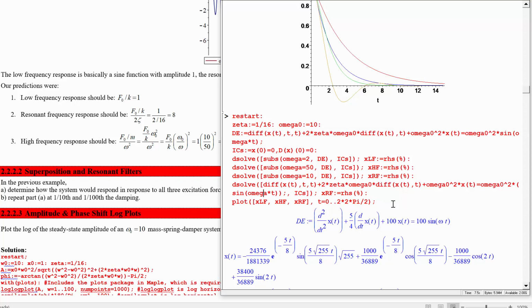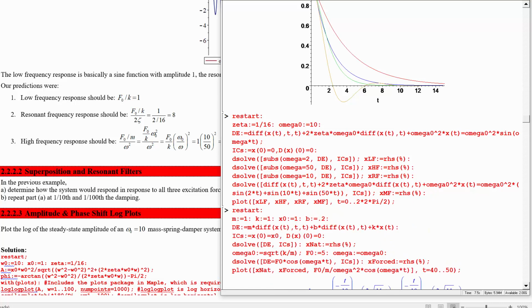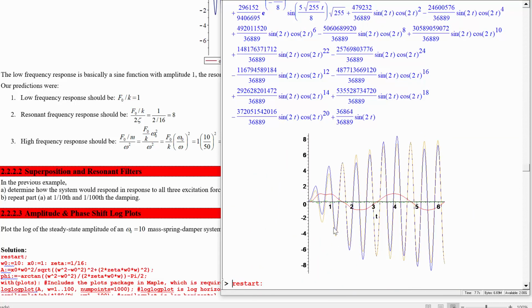So we're going to have sine of 2t plus sine of 10t plus sine of 50t. And now, if I haven't made any mistakes, then we should have, let's call it multiple frequencies, MF. Then we should get the superposition of these 3 responses.